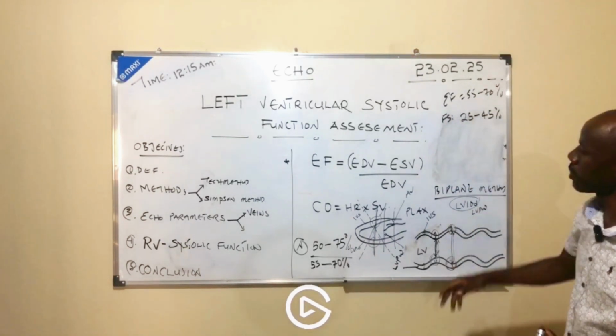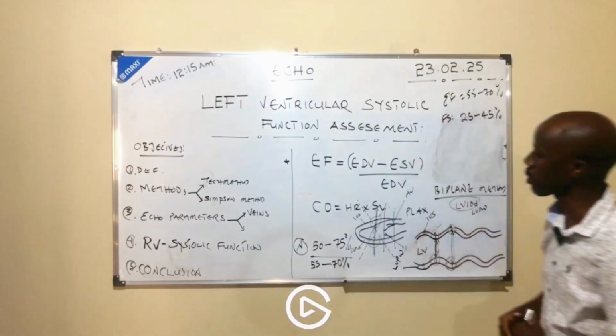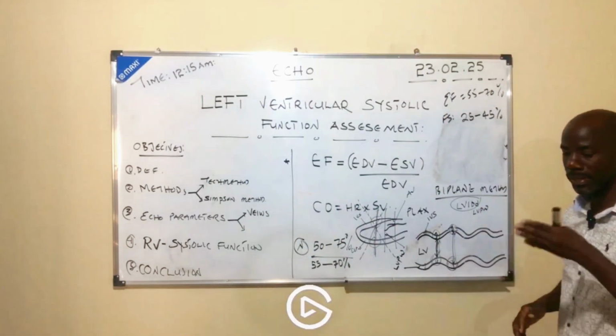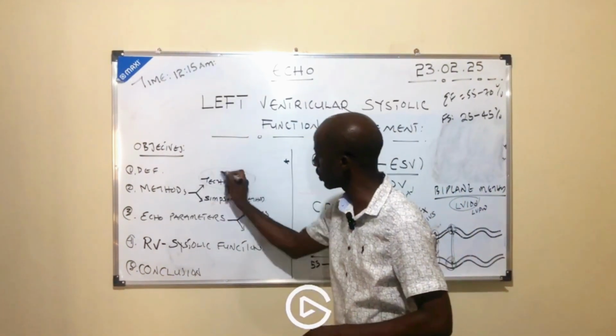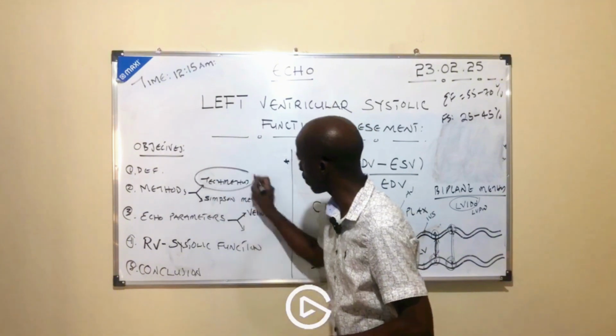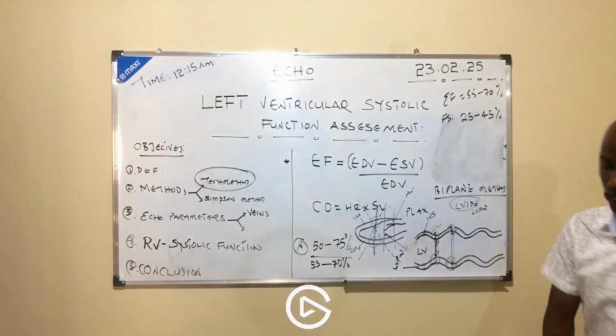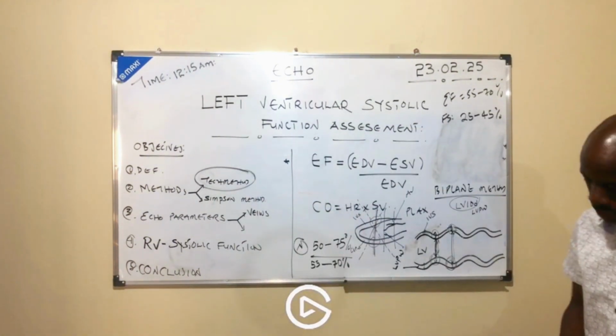So these are the methods that you use. One of them is the TEC method, where you use the M-mode dimension. So this is the method, it's also called the TEC method principle. We are going to look at how we can use the biplane method.